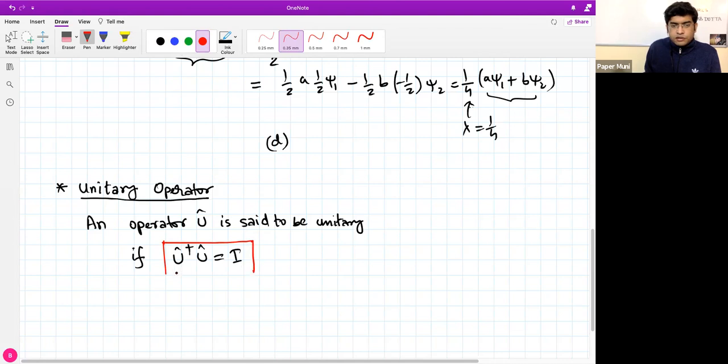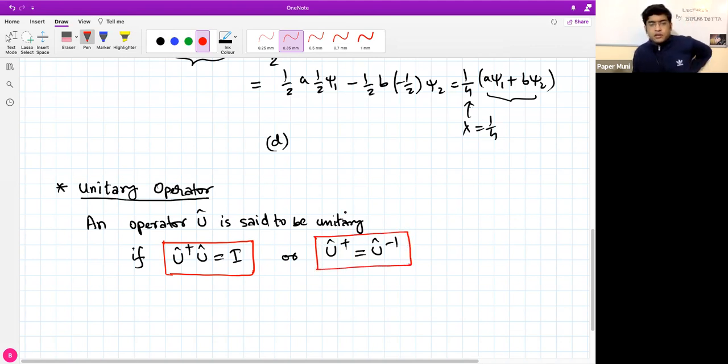If you have this relation, U dagger U equals identity, you can also write it as U dagger equals U inverse. This is how you can write a unitary operator.